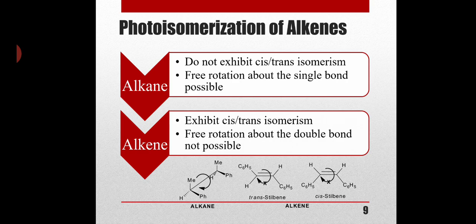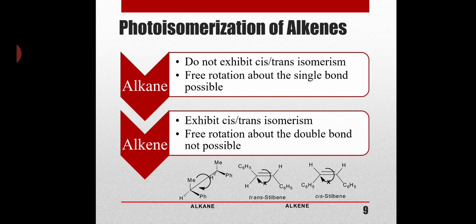But alkenes exhibit cis-trans isomerism because the rotation about the double bond is restricted. So in an alkene, if by any means we can break the double bond to a single bond, then free rotation is possible. And on further regeneration of the double bond, there is a possibility to achieve the other isomer.